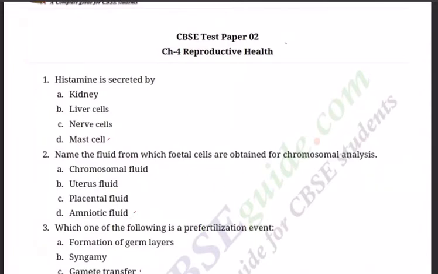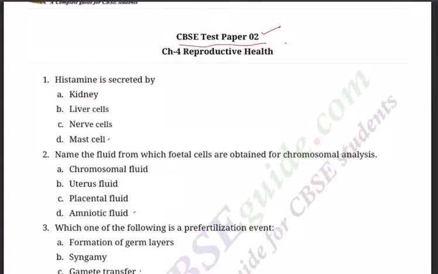As we are into the revision mode, we are revising each chapter of the entire syllabus in the form of test papers. So already we have done one test paper and this is test paper 2.